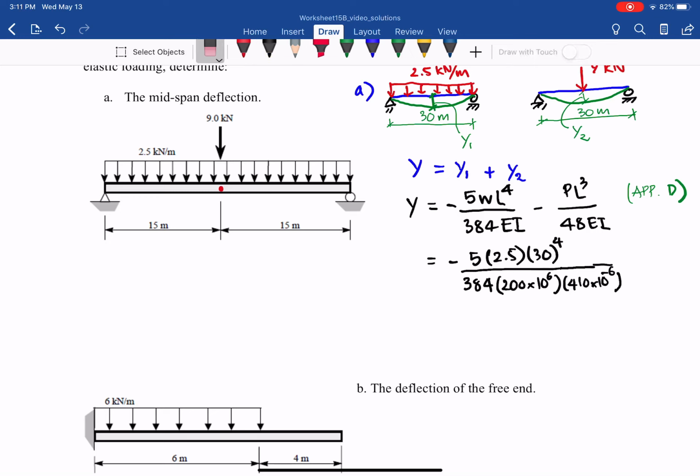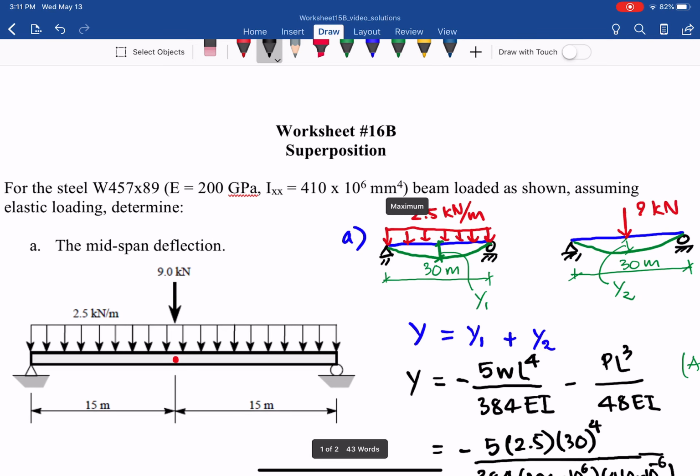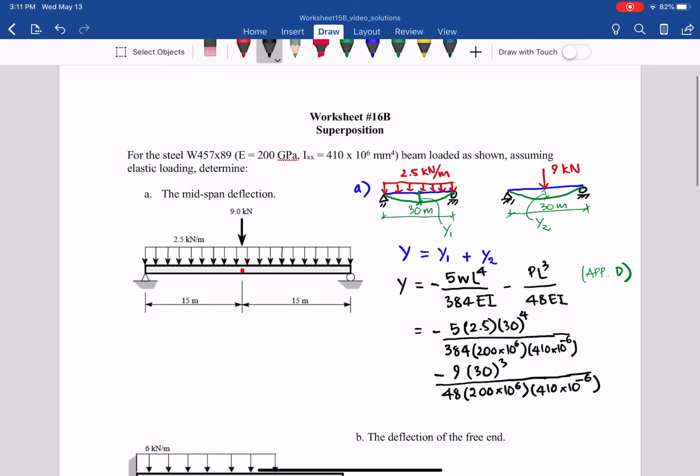So we have plus negative 9 times L cubed, 30 cubed, over 48 EI, in kilopascal because the load is in kilonewton. And we change to meter again, so 10^-6 from 10^6 millimeter^4 to meter^4.